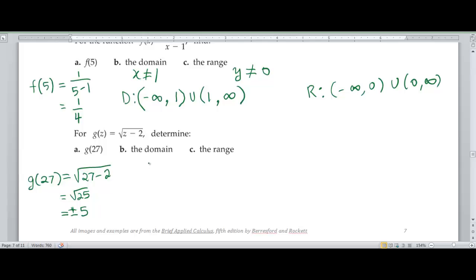Let's look at the domain. So, square root. Under the square root, you cannot have negative numbers. You cannot take the square root of a negative number. So z minus 2, whatever is inside the square root, has to be greater than or equal to 0. And then we add 2 to both sides.